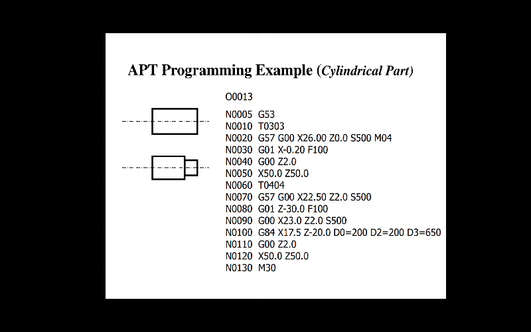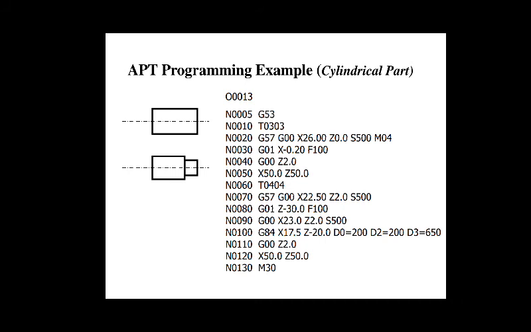Okay, and after that, as we came over here, our required part is prepared, and after that the tool moves away from the workpiece. G0 Z2.0, and after that again it goes to the safe tool changing location.